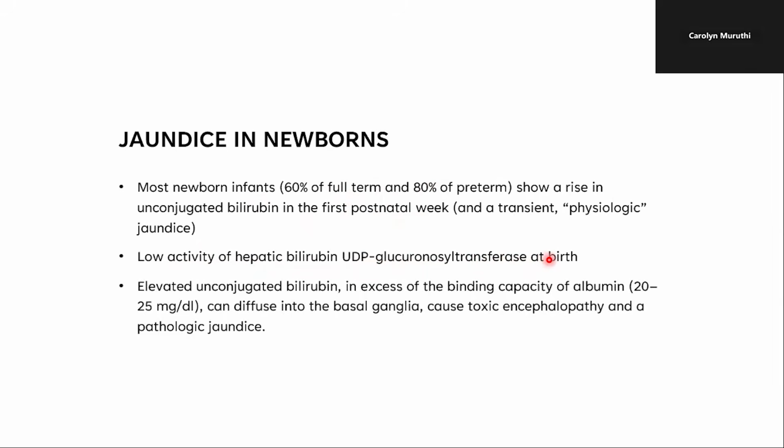And therefore, it will result in elevated levels of unconjugated bilirubin, which will diffuse into the basal ganglia, causing toxicity and pathological jaundice. Treatment for this kind of jaundice is through phototherapy, which converts unconjugated bilirubin into water-soluble isomers that can be excreted.